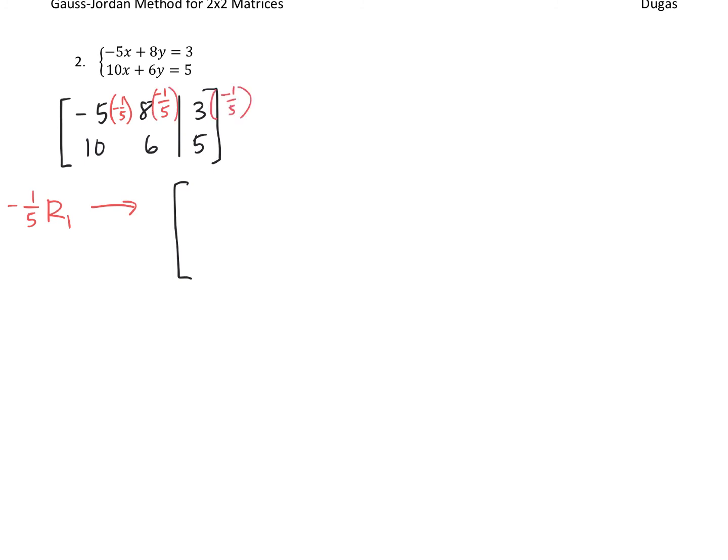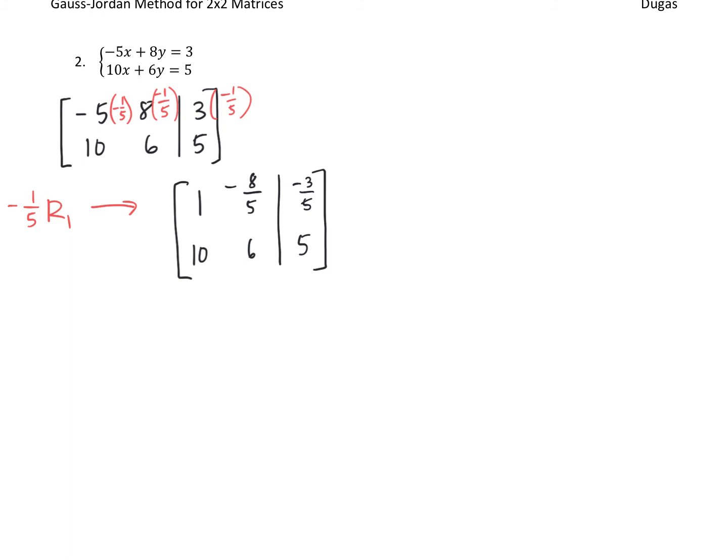We'll see that -1/5 times -5 is just 1. 8 times -1/5 is -8/5. And then 3 times -1/5 is -3/5. We didn't do anything to the second row right now.